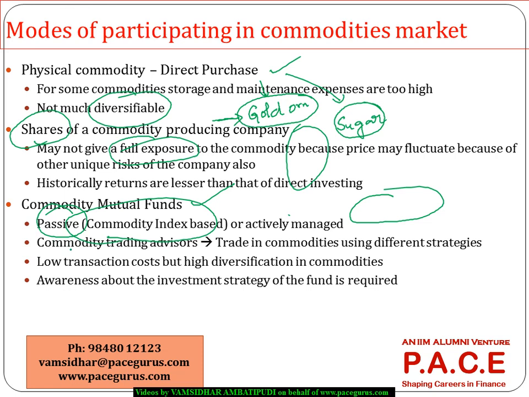Or sometimes there is a concept of commodity trading advisors, where the pooled money is used to trade in commodities using different strategies, not just one strategy. It is investing in various commodities using various strategies, and because this is a mutual fund, the transaction costs are much lower, but a diversification benefit is going to be much higher.